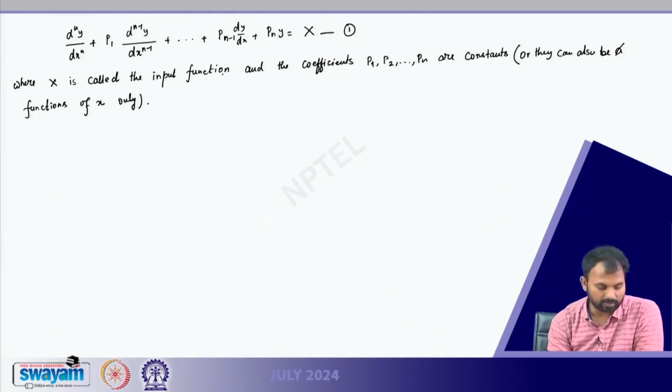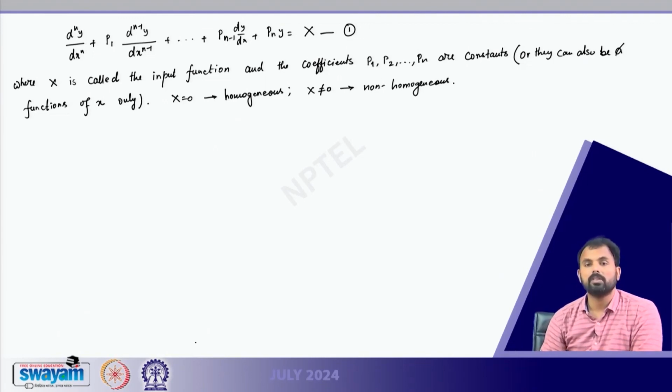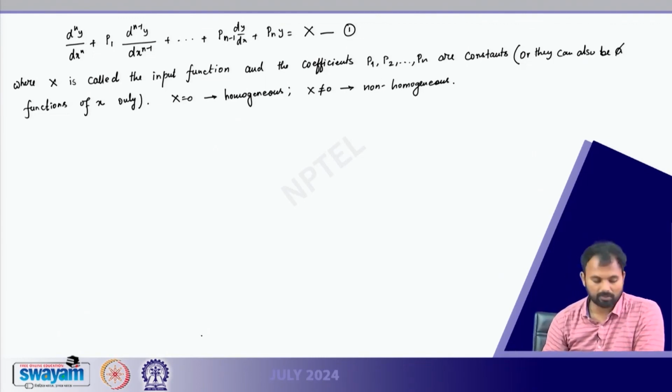In this case, if X is 0, then we call it homogeneous, as I am repeating again and again, and if X is non-zero, then this will lead to a non-homogeneous nth order differential equation with constant coefficients, right.